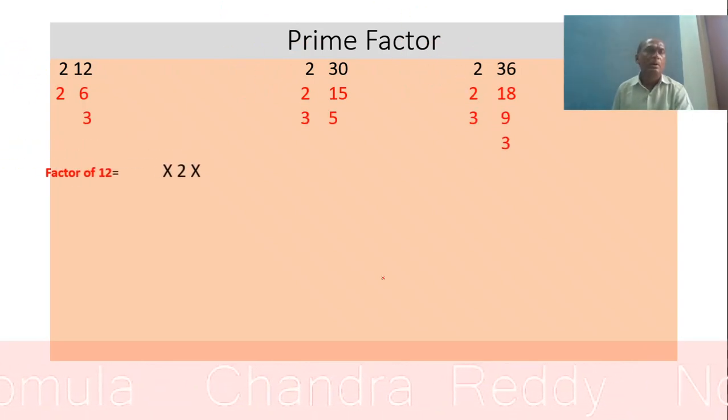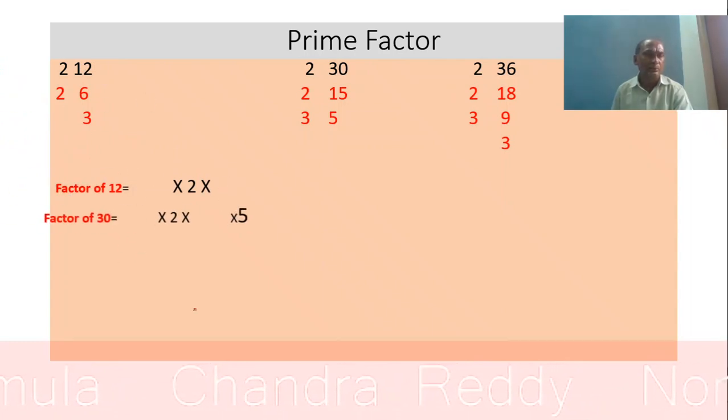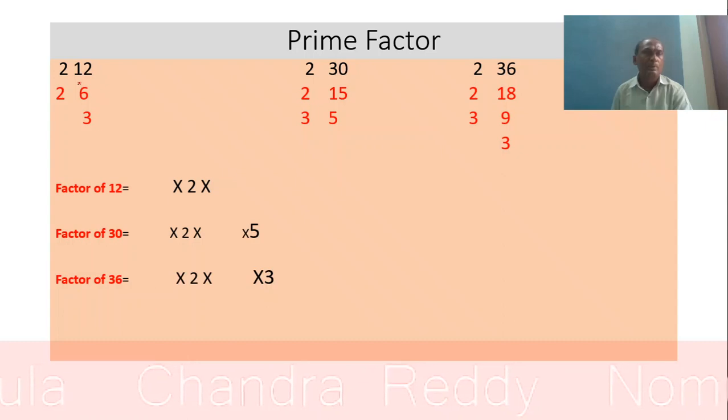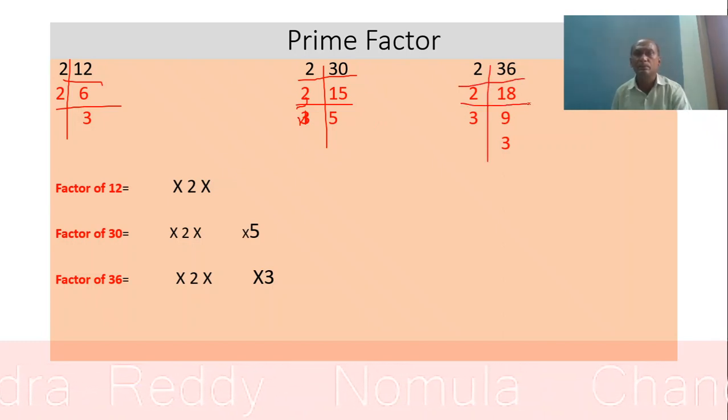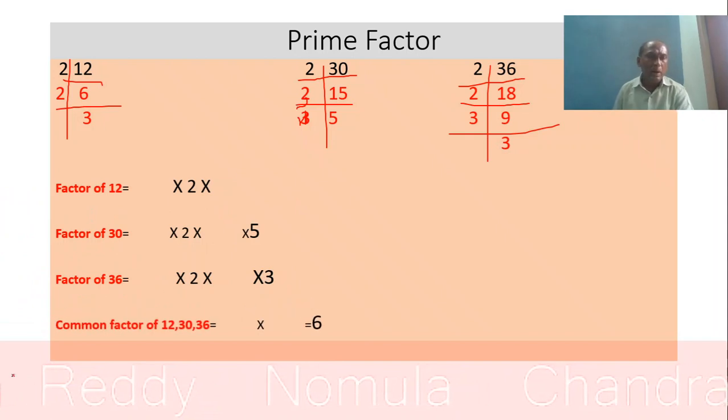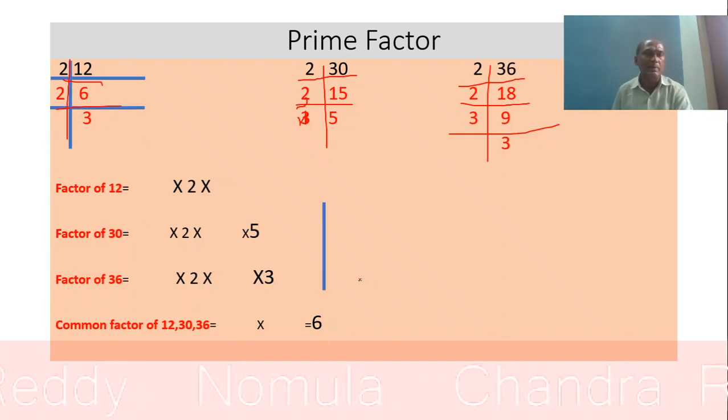Here factors of 12, 30, 36. 2 6s are 12, 2 3s are 6. 2 15s are 30, 3 5s are 15. 2 18s are 36, 2 9s are 18, 3 3s are 9. Now the common factor of 12, 30, 36.